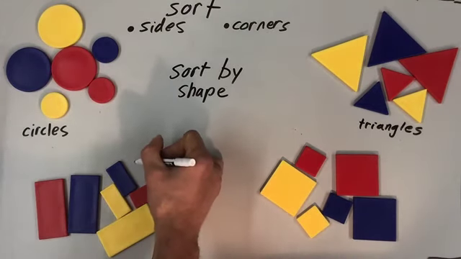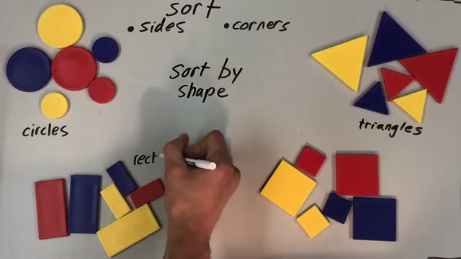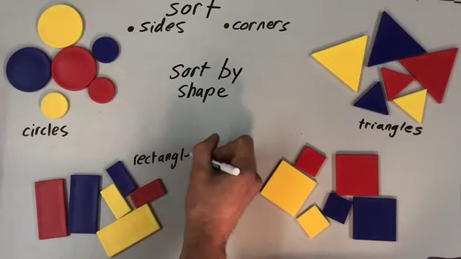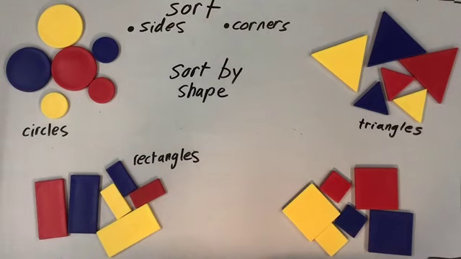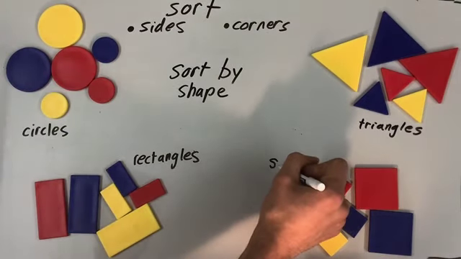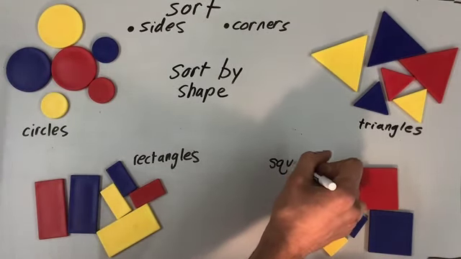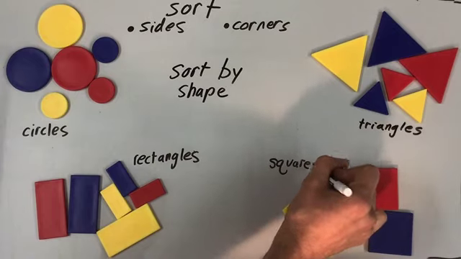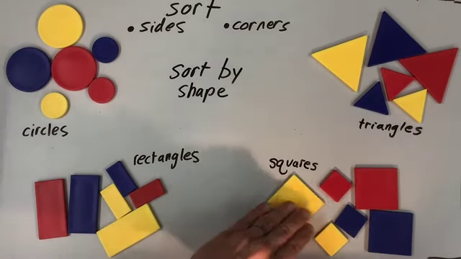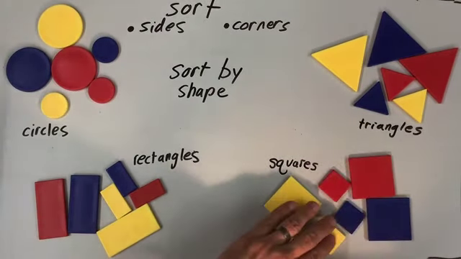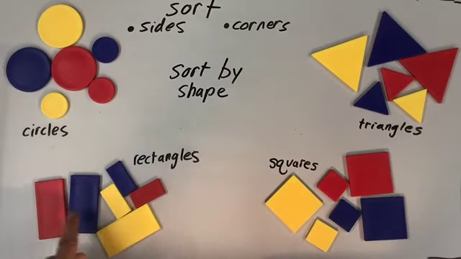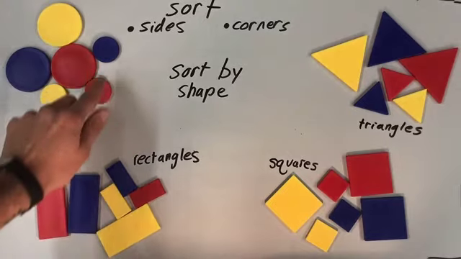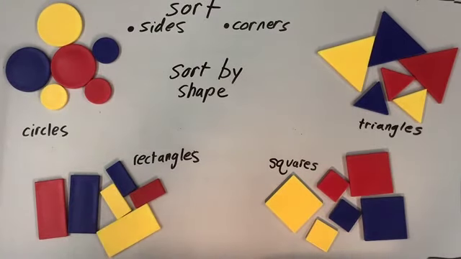So I'm going to label this rectangles, and I'm going to label this as well squares. They're all the same type of shape together in each of these groups. I sorted these by shape.